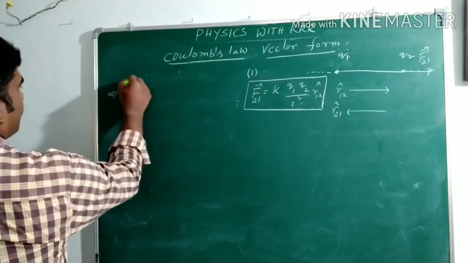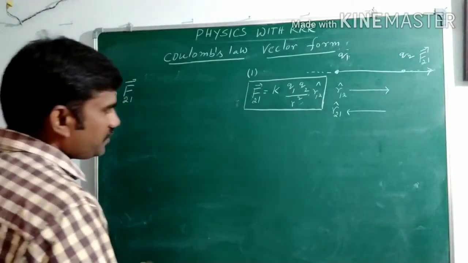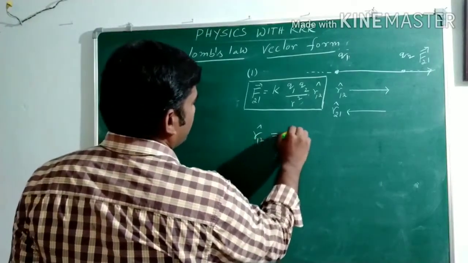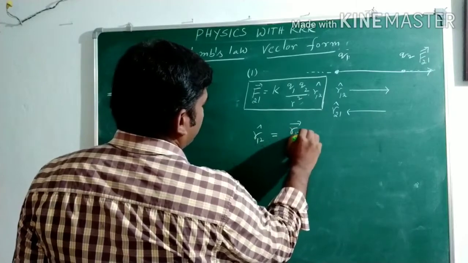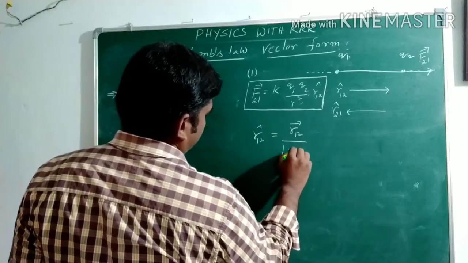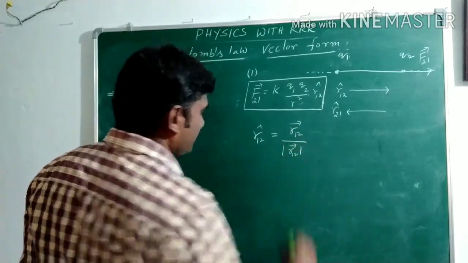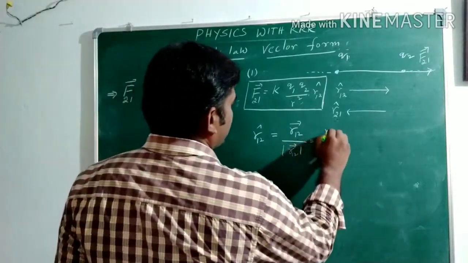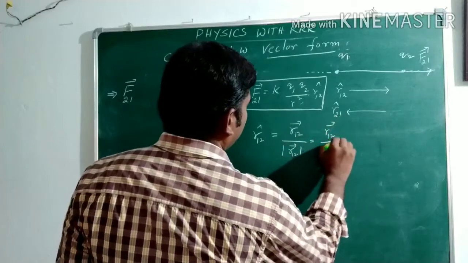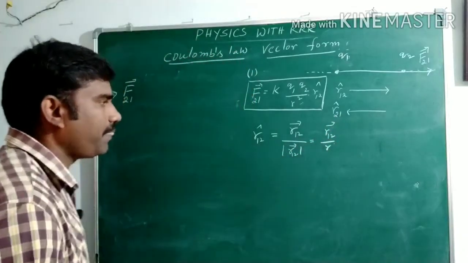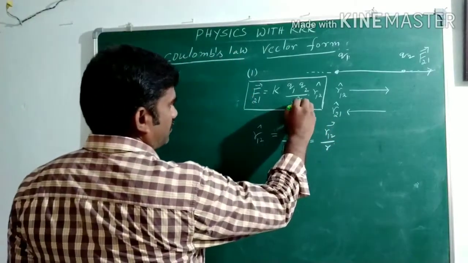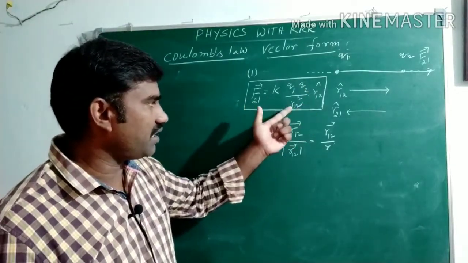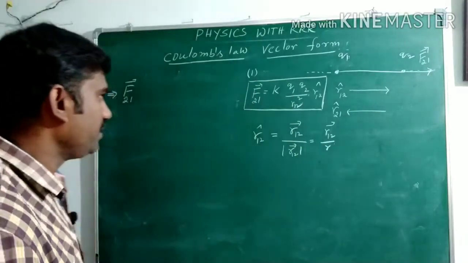This is F21 bar. The unit vector we can define as R12 cap is equal to vector by its magnitude. So that is the representation of the unit vector. This we can simply write as R12 bar by R12, or for specific representation we can take the magnitude of this vector, that is R12 square. Like that also we can represent.